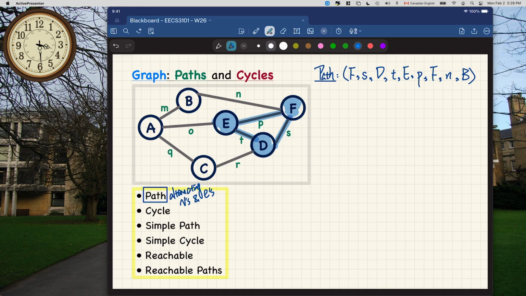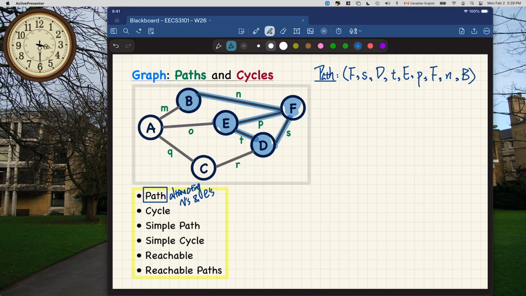Somehow we go back to F, which is completely okay. But as soon as you see that visually, you can see we have a cycle right away. But we're going to define what a cycle is. So after F, we also go through N here, and then we arrive in B. That's the final destination. So it's a graph. Oh, sorry, it's a path, beg your pardon. It's a path.